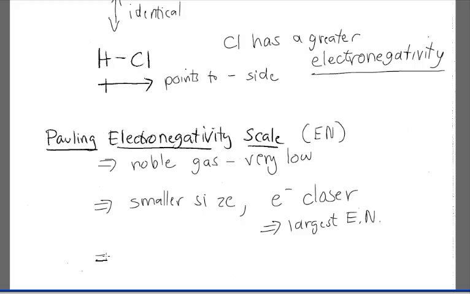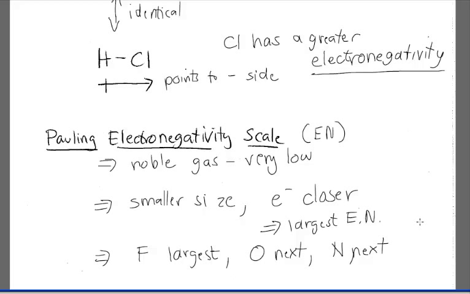Since the smallest is fluorine, fluorine has the largest electronegativity. Oxygen is next, and nitrogen is next after that. So in order, the most electronegative atom is fluorine, then oxygen, then nitrogen, so they pull the hardest of the elements.